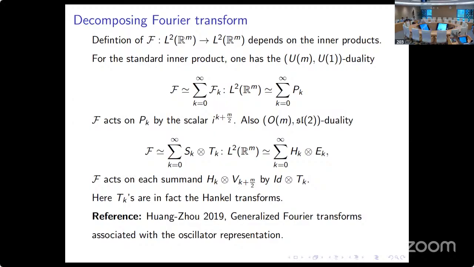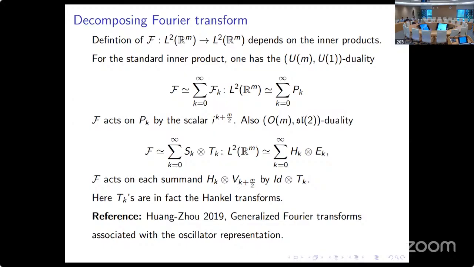It decomposes into the degree k, from constant, degree 1, degree 2, and so on. And the Fourier operator corresponds to the action on this representation. And the action on polynomials of degree k is actually multiplication by some kind of scalar.